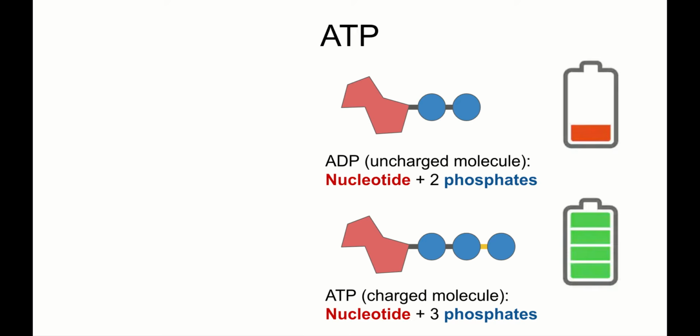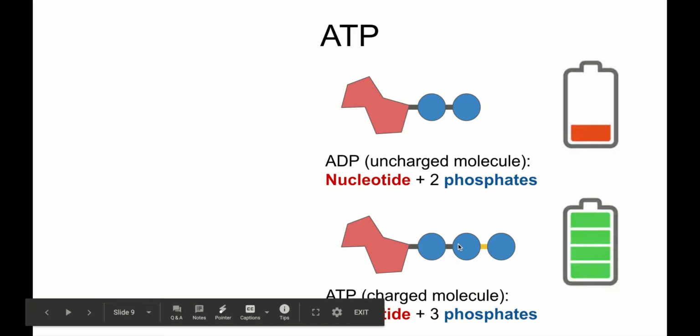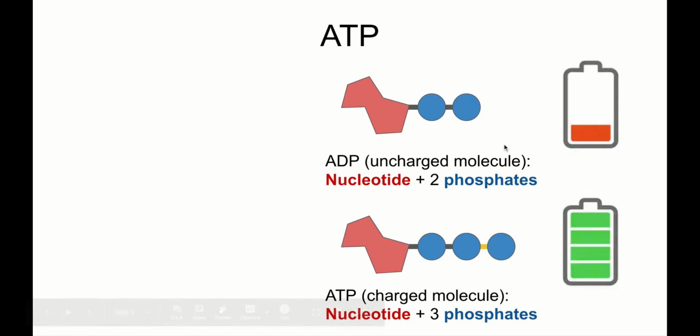Let's talk more about ATP. So you can kind of learn all you need to know from just these two pictures right here. We've got two different molecules on the screen. This one's labeled ADP, uncharged molecule. You can see it's made of a nucleotide and two phosphates. Those are the blue circles. And our little battery is showing us this is not a charged up molecule. But then we've got ATP, and the only difference is that it's got a third phosphate on the end.